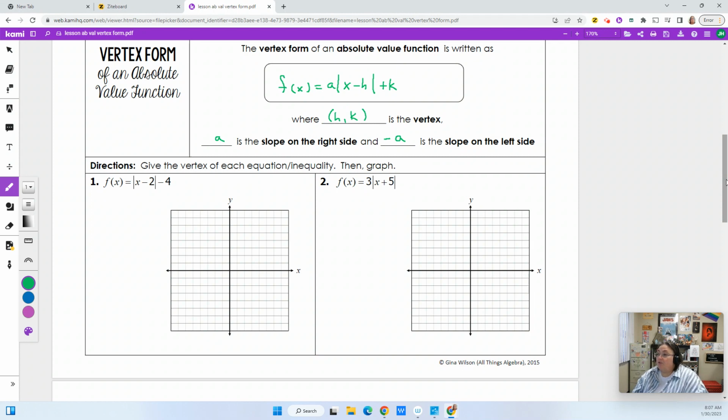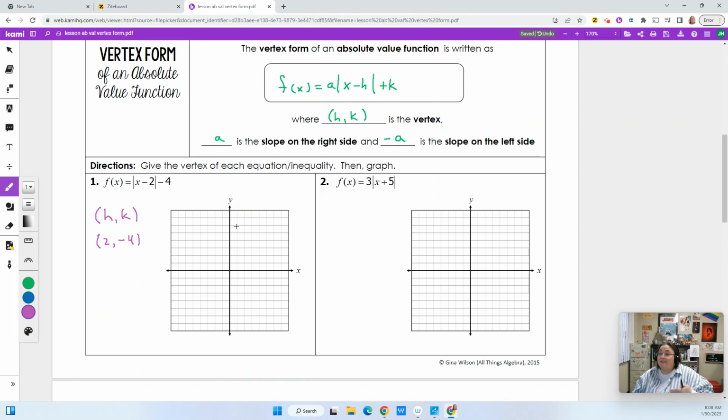So the first thing that I can do when I'm looking at problem number 1 is that I can see the vertex right away. My vertex is going to be, this is -2, which means that our h is going to be 2, right? This is our (h, k). Our h is just 2. Our k is -4.